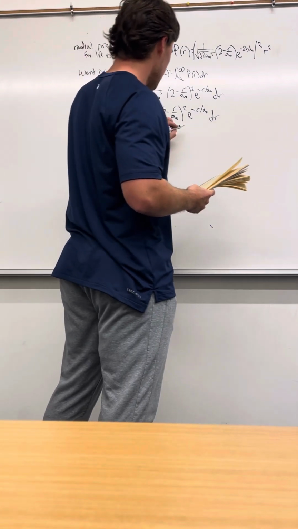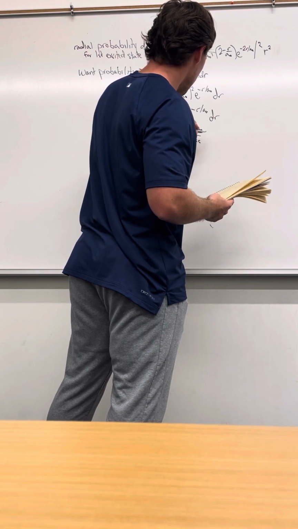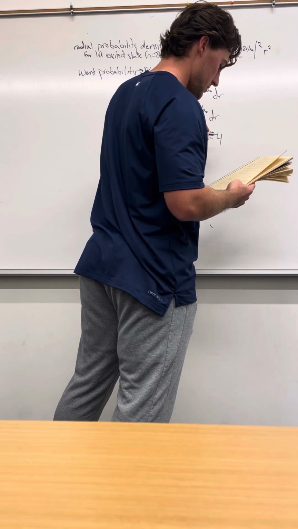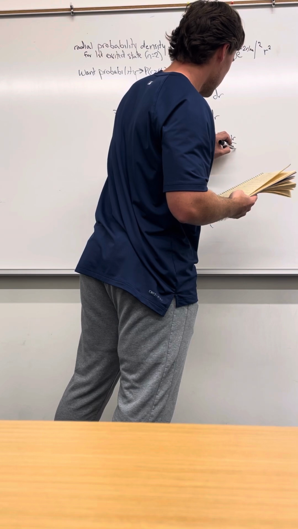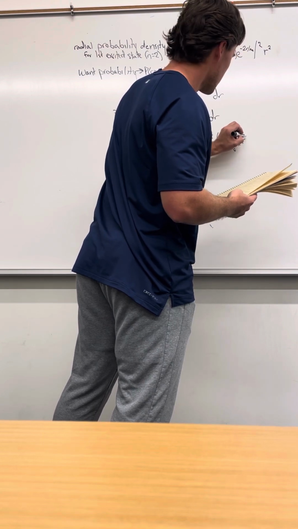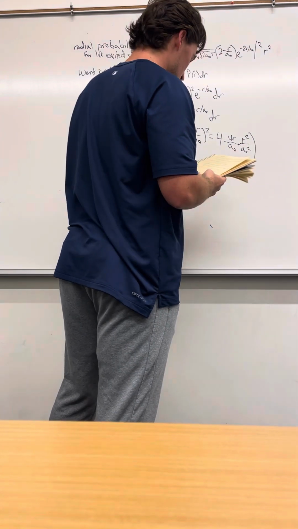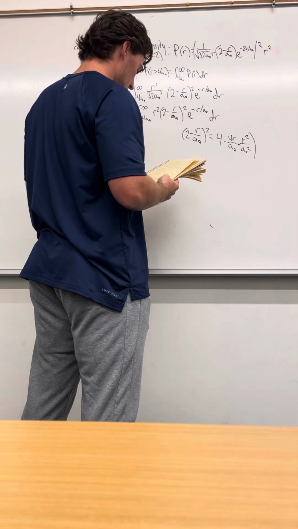We can simplify this. We want to write out our (2 minus r over alpha naught) squared here. And that becomes 4 minus 4r over alpha naught plus r squared over alpha naught squared. So then we can put that back into our integral.